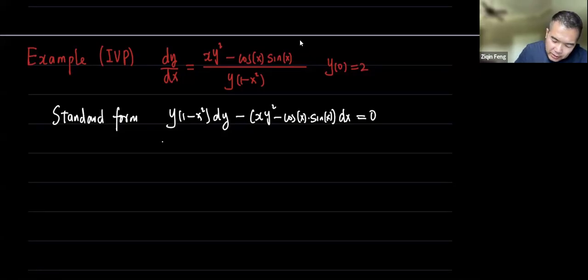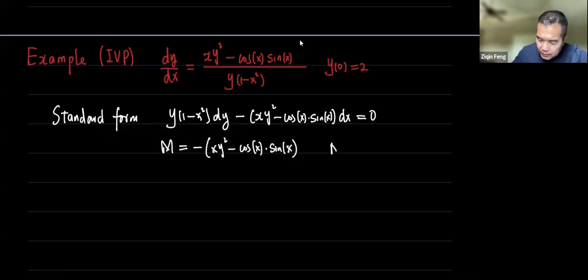Which you know that in this case, M equal to negative xy squared minus cosine of x times sine of x. And N here is y times 1 minus x squared, right?